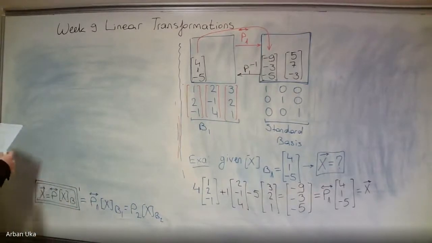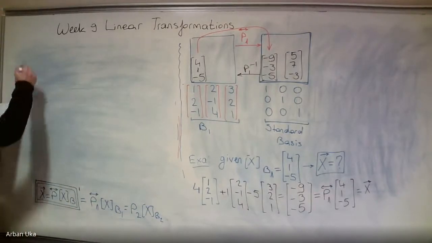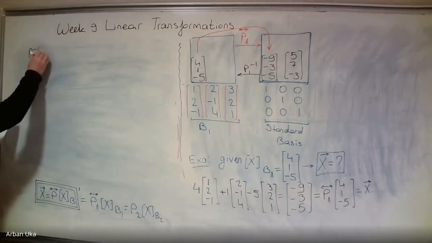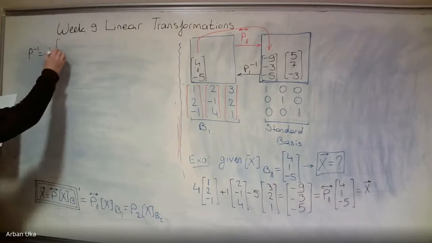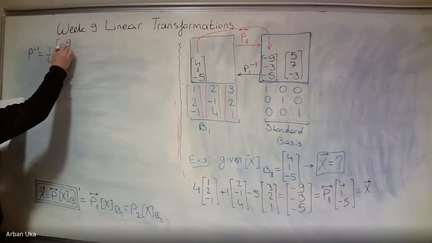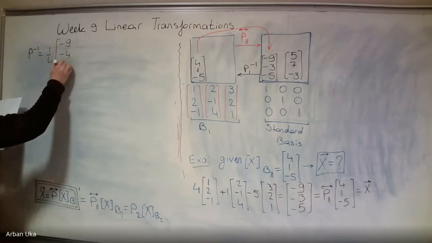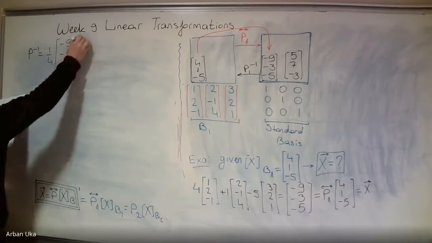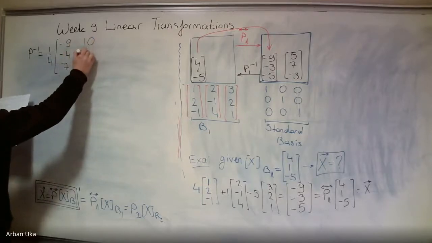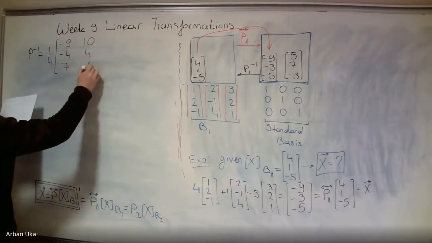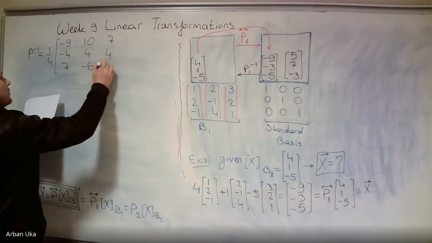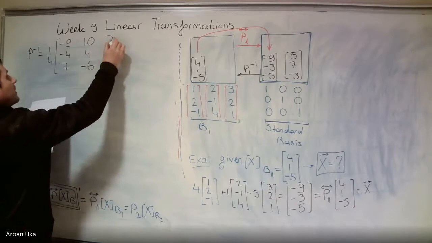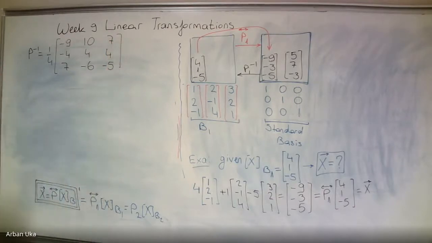Now, first we need to identify what is the P inverse, and the P inverse is equal to 1 over 4 times minus 9, minus 4, 7, 10, 4, minus 6, 7, 4, minus 5, okay? So this is the P inverse.